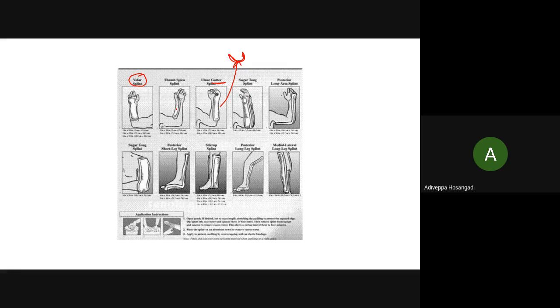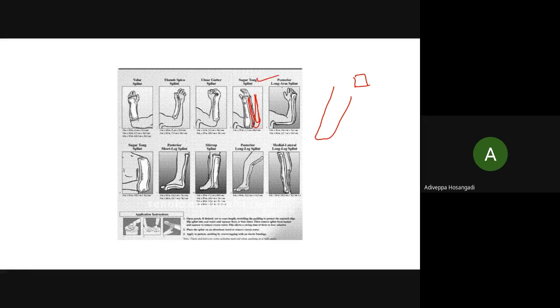Sugar tongs is what you use to pick up sugar cubes. Sugar tongs are basically a U-shaped device to pick up sugar cubes. Nowadays you see them in hotels and restaurants to pick up ice cubes. So this is on both sides like this.